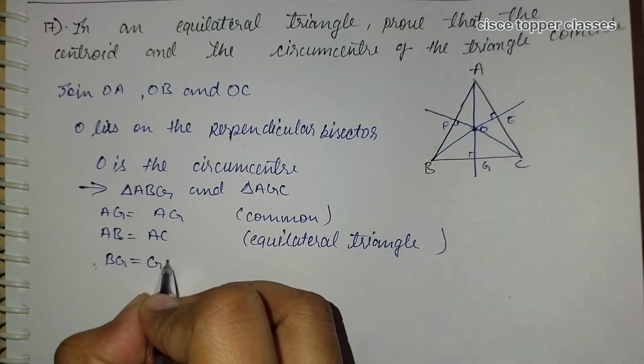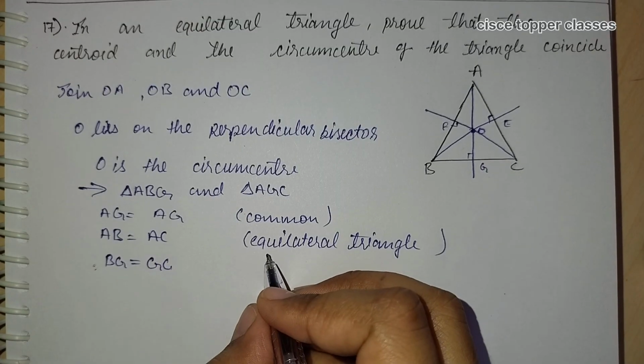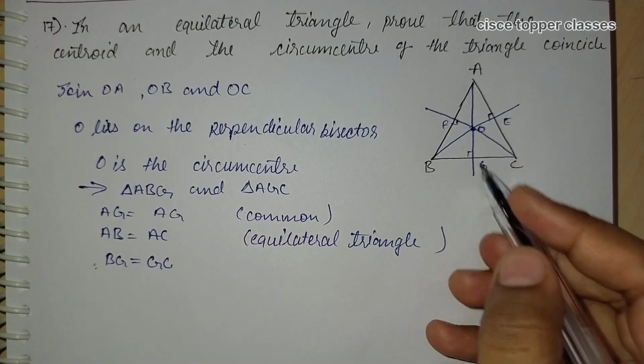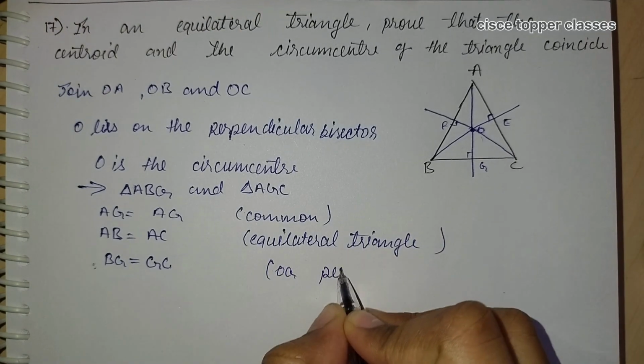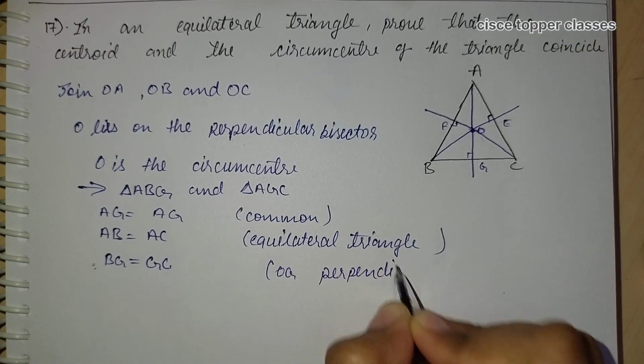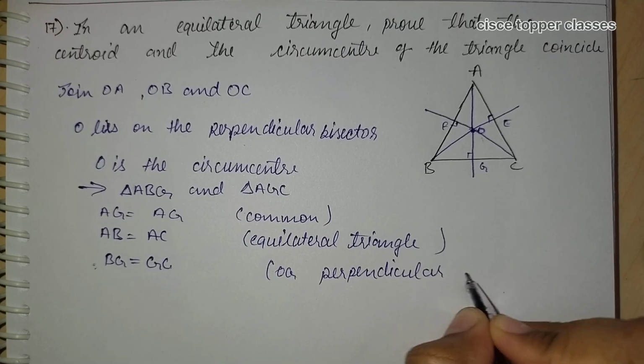So BG is equal to GC from here, because this is the perpendicular bisector. OG is the perpendicular bisector here. So from that we can say BG is equal to GC.